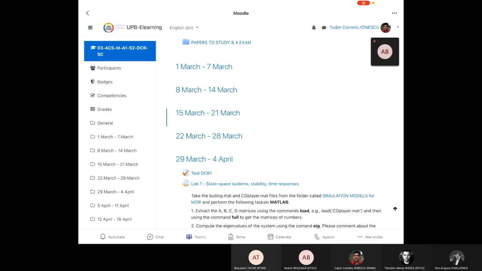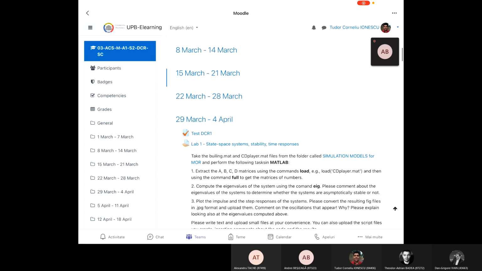Next week, I'm going to give you this assignment called Lab 1, with a deadline of a few days for you to solve it and to upload the solutions in MATLAB, and with the pictures of what you write with pen and paper, you upload it back on this Moodle in this assignment. Then I'll grade you for this assignment.